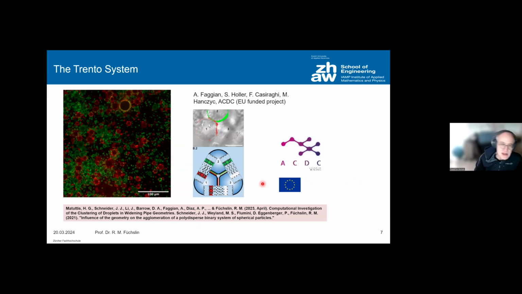One of these approaches, I call it the Trento foam. People in Trento hate this. They would like to call it the Trento system, but actually it consists of vesicles. Vesicles are liquid volumes surrounded by a lipid bilayer, and this lipid bilayer can be decorated with linker sites so that you can have selective linking between different vesicles, and you can also equip them with pores so that you can get material transport between the different compartments.